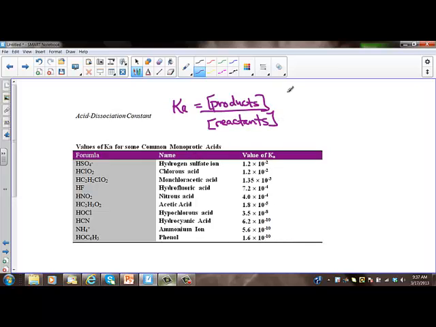For my Ka, using the example I just did with HA plus H2O yields H3O plus and A minus, my Ka is equal to the concentration of H3O plus times the concentration of A minus over the concentration of HA.